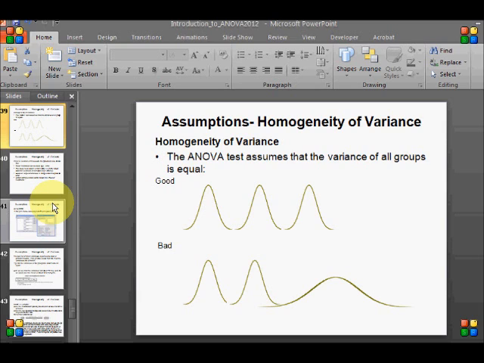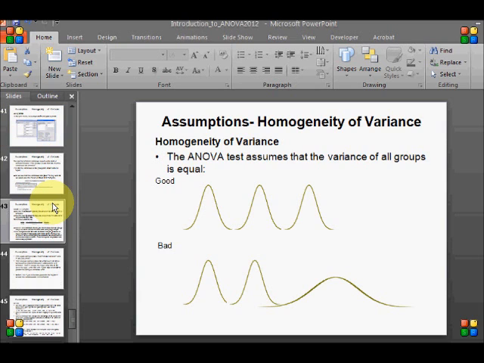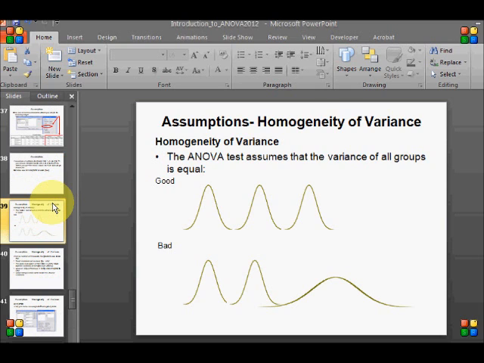And then we have the independence assumption, which we talk about, again, just as making sure that no one person's values or scores influence another person's values or scores. And if you have questions on this stuff, let me know, but it should be review.